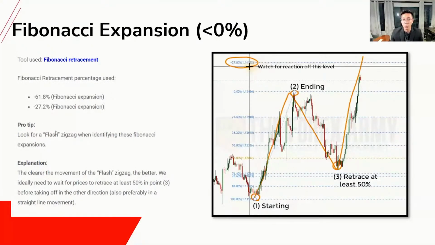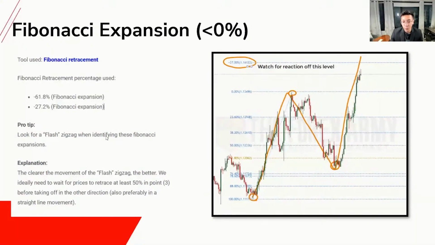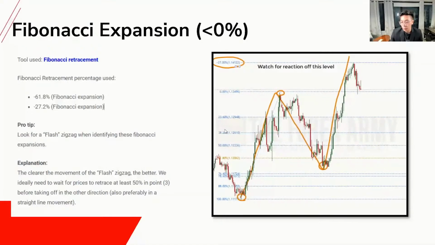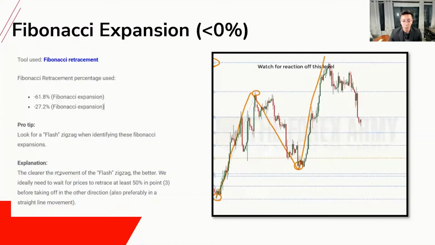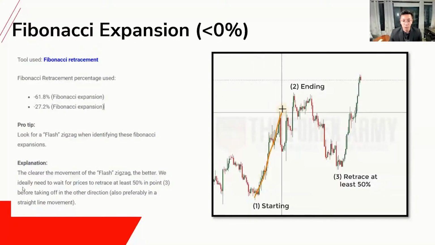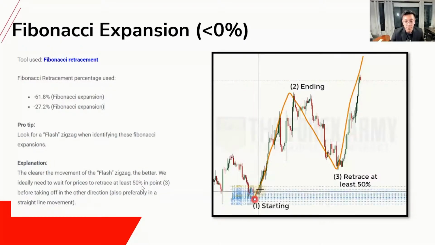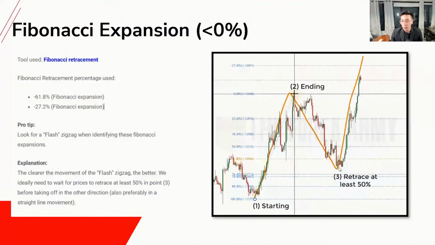We should always look out for a flash zigzag when identifying these Fibo expansions. One thing we have to know is the clearer the movement of the zigzag, the better, and we ideally need to wait for price to retrace at least 50% in wave 3.